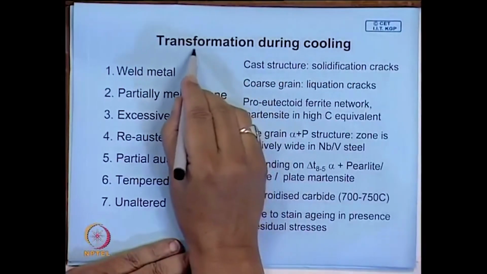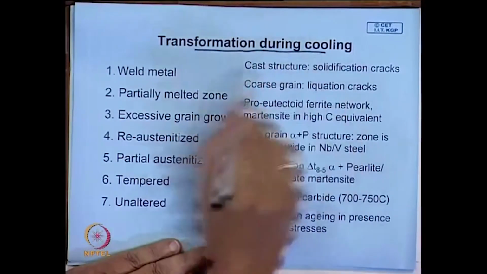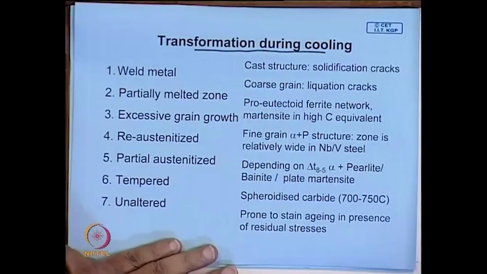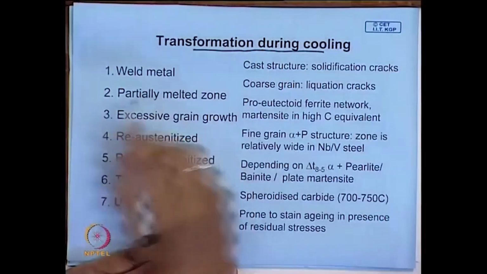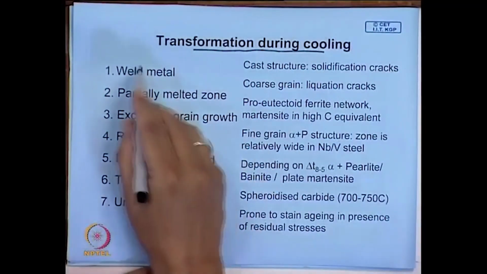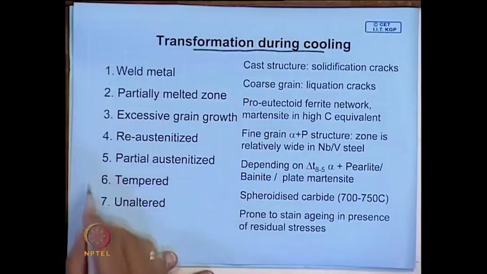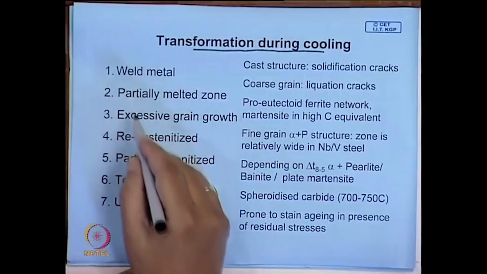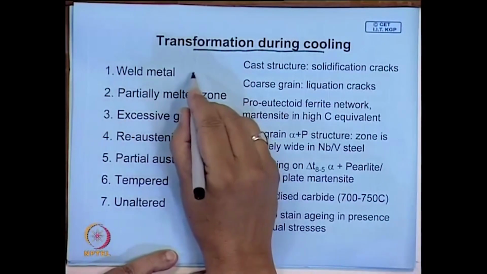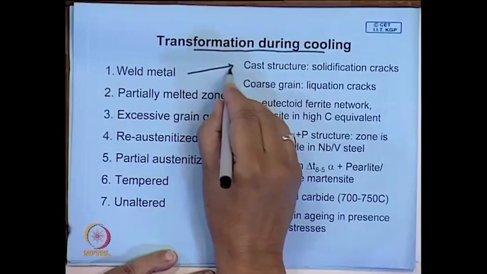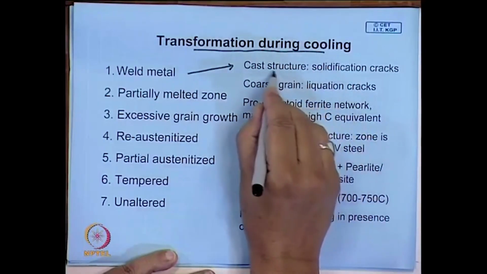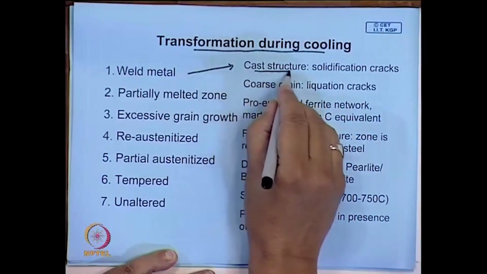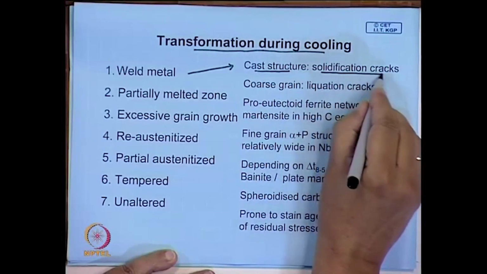The transformation during cooling: we have just seen the different zones, they are heated to different temperatures, and this summarizes the different structures that you are likely to get in these 7 zones. So, weld metal is a cast structure, and this is also the region which is prone to solidification cracks.